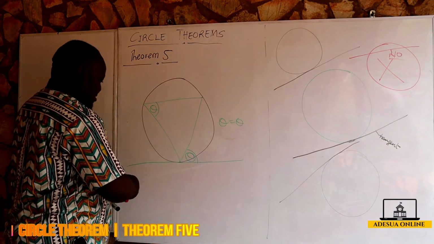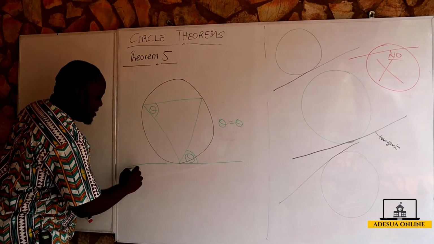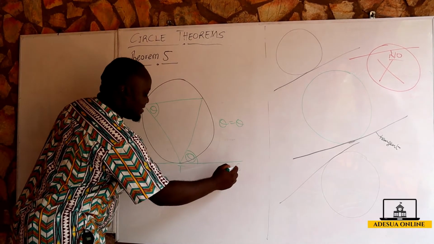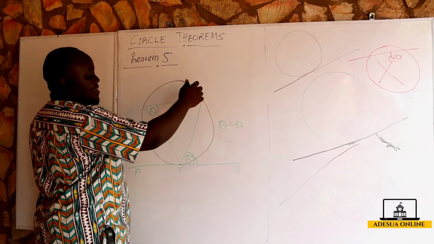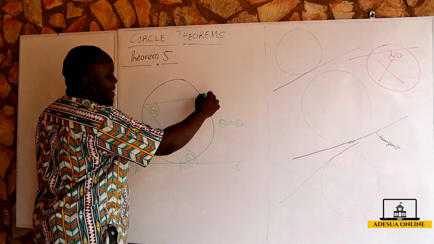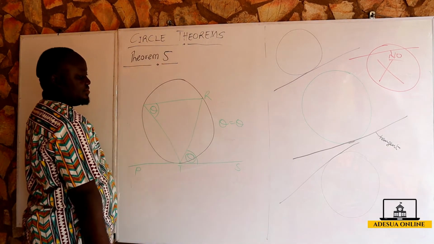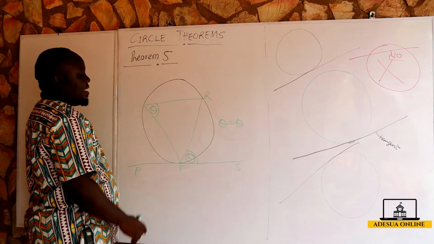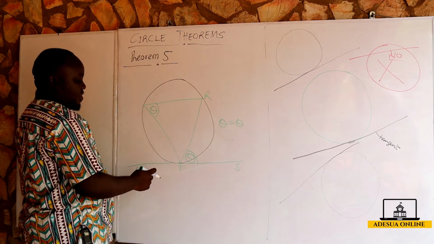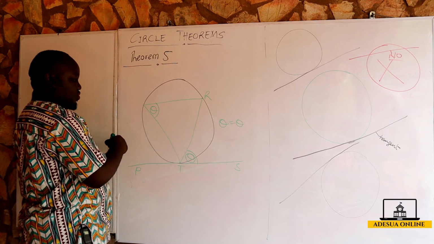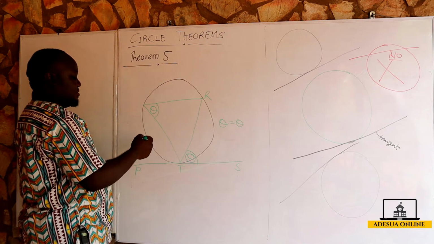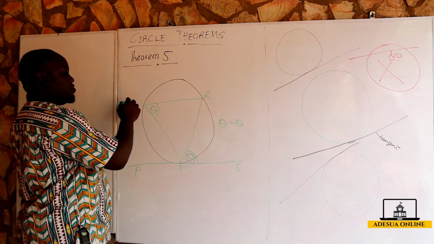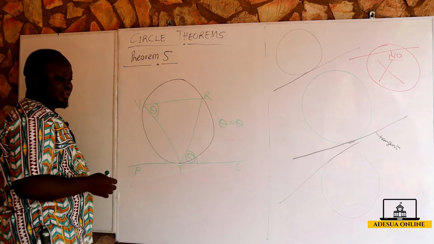So assuming PTS is a tangent and RT is a chord, and they meet at T, and let me put V here.